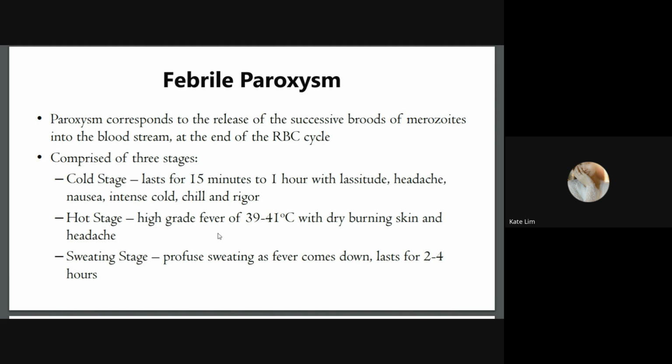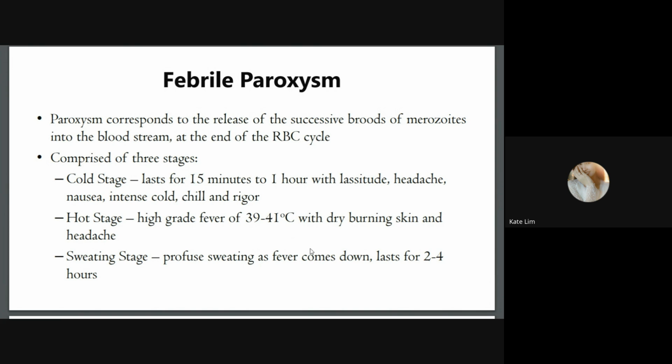And we also have the hot stage. The hot stage is when the fever hits its peak. The temperature usually rises dramatically to 39 to 41 degrees Celsius, and this is when the person feels dry, burning skin, like they're on fire. There's headache as well.